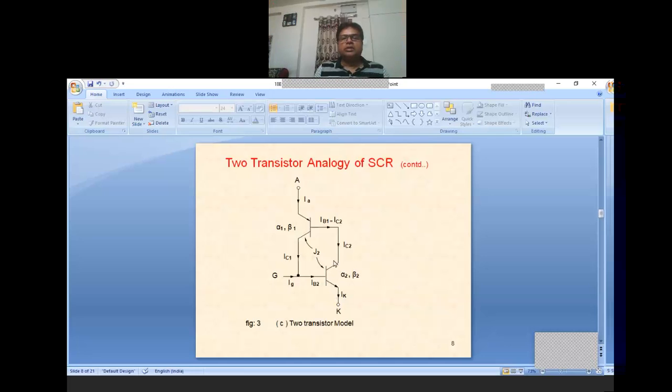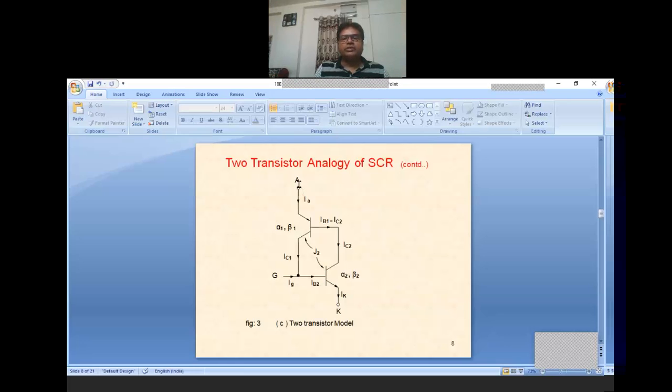Now when you examine this connection between the transistors, the collector of transistor 1, or anode transistor, is connected to the base of the cathode transistor, or NPN transistor, and then again the collector of the NPN or cathode transistor is connected to the base of the anode transistor, and the individual gains are designated as alpha 1, beta 1 and alpha 2, beta 2.